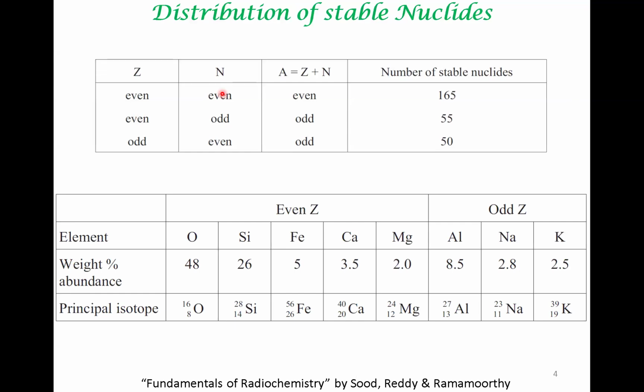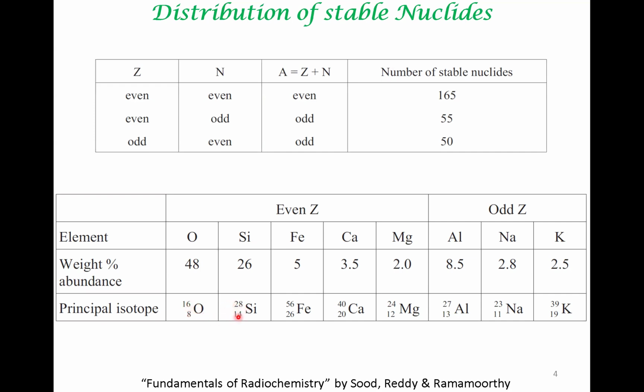If you also look at many commonly earth-abundant elements, say oxygen, which is about 48% by weight amongst all the elements, it has an even number of protons and an even number of neutrons, 8 neutrons and 8 protons.